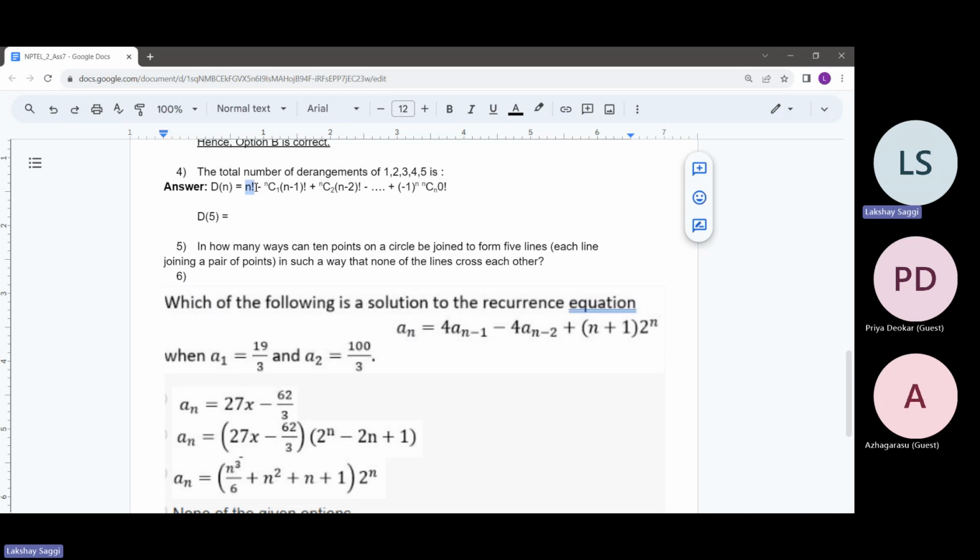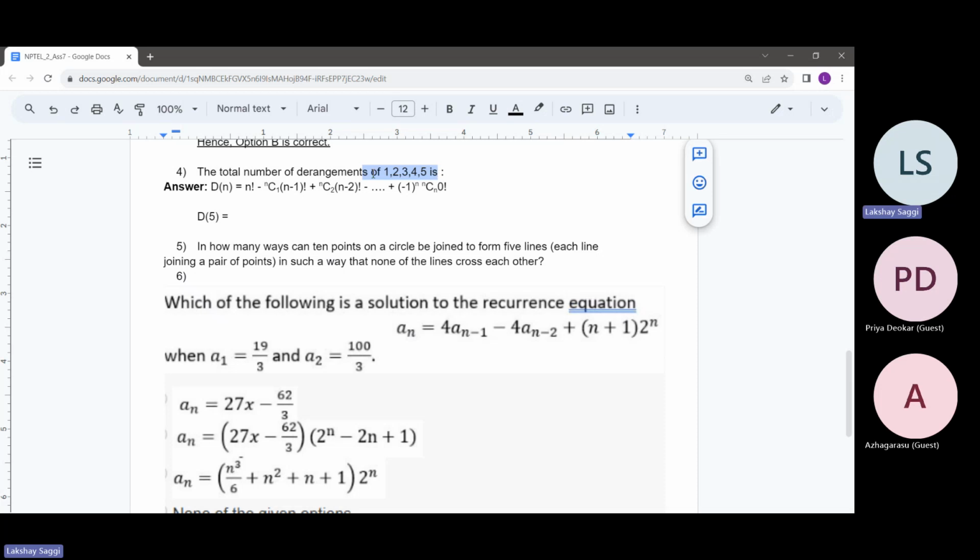I have this n factorial as the total number of ways, and I'll try to subtract the number of permutations in which at least one number goes to its exact place. So derangements is basically the number of permutations in which no ith number goes to its ith place, right?